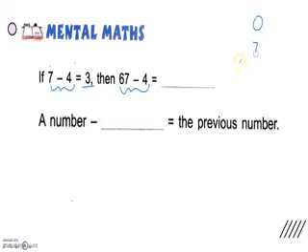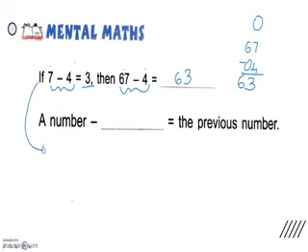We know that 7 minus 4 is 3. Then for 67 minus 4, we put 6 in the tens place, and there is no other number to subtract from it. So the answer will be 63.